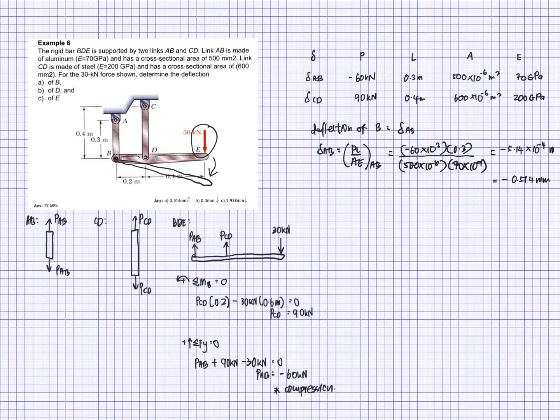This shows that link AB is in contraction due to the negative value. Next, we have delta CD. Substitute all the values into the formula and we can get delta CD. So delta CD equal to 0.3 millimeters and it is in expansion.